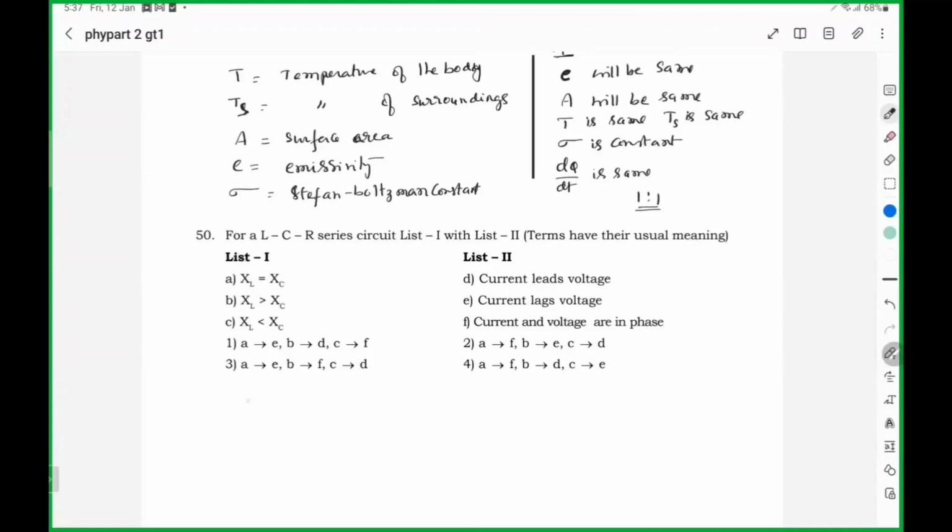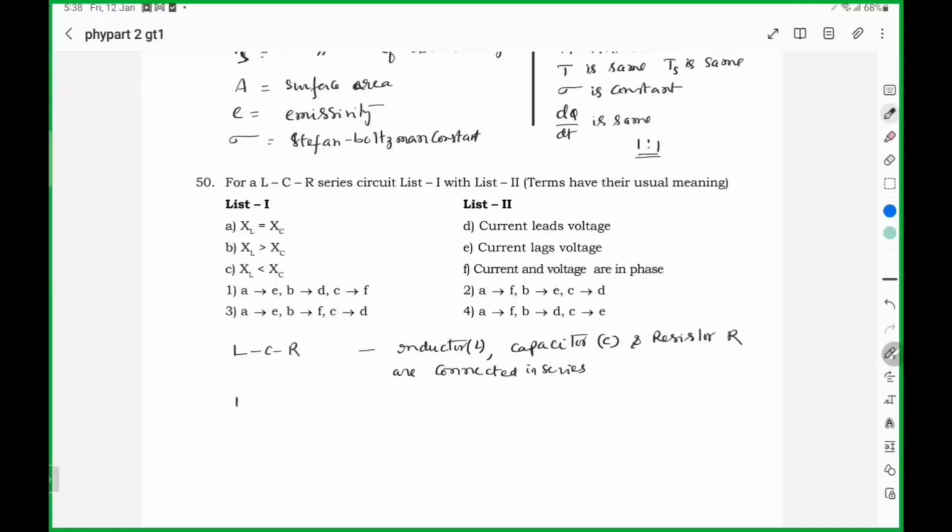So here it is. LCR circuit means, so what it consists: inductor, capacitor, and resistor are connected in series or parallel.